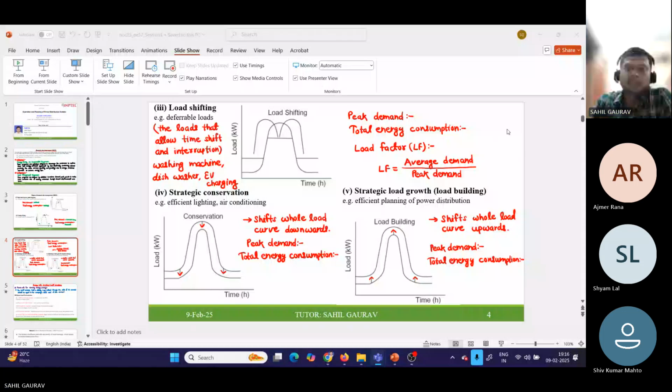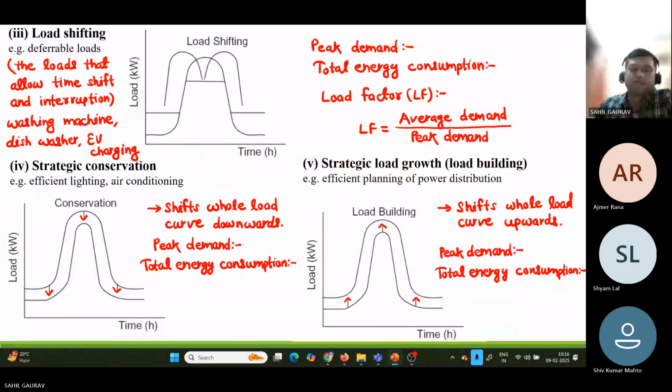So now if you see for load shifting, what are the impacts on peak demand and total energy consumption? Peak demand, as you can see, you are shifting the load from peak hours to off peak hours.